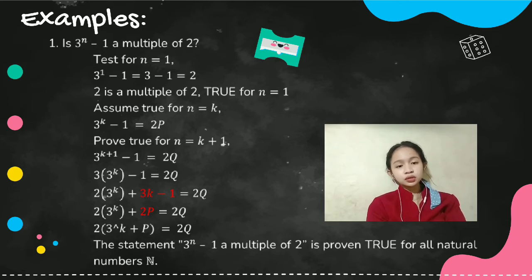So, 2 quantity of 3 raised to k plus p is equal to 2q. So, the statement 3 raised to n minus 1 is a multiple of 2 is proven true for all natural numbers n.